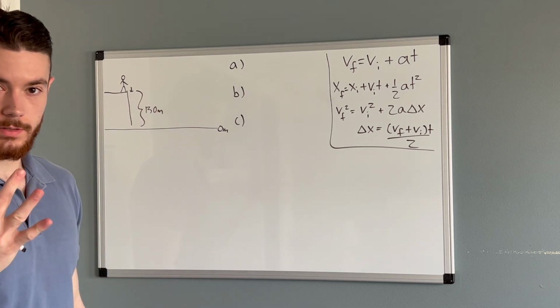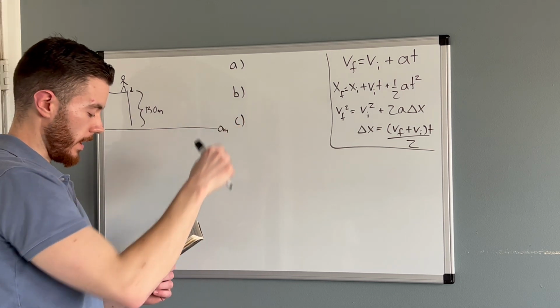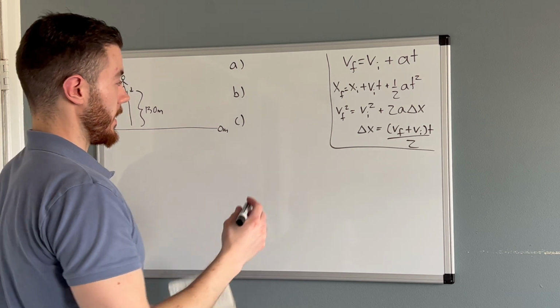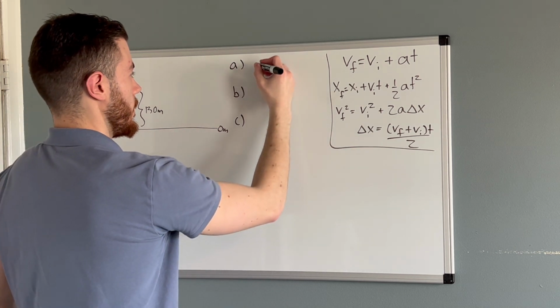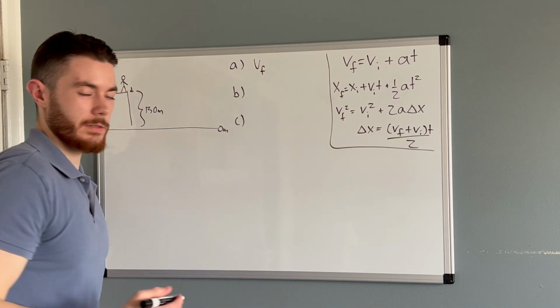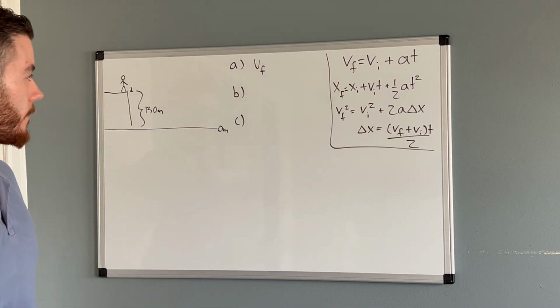And there are three things that we need to solve for. Part A is going to ask us to solve for the speed that the hammer hits the ground with. So what speed, VF, does the hammer hit the ground?